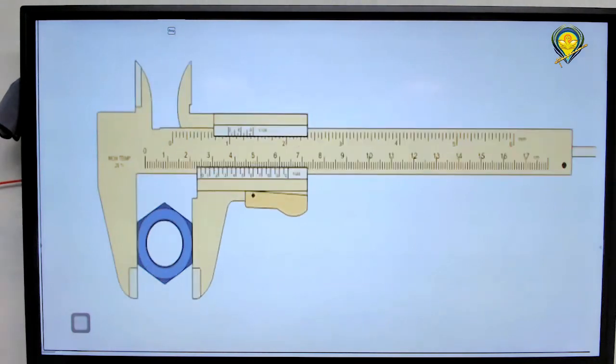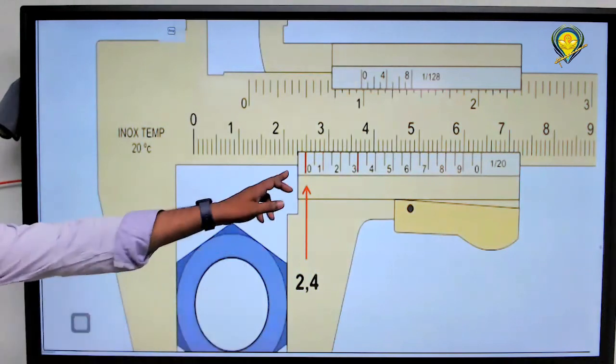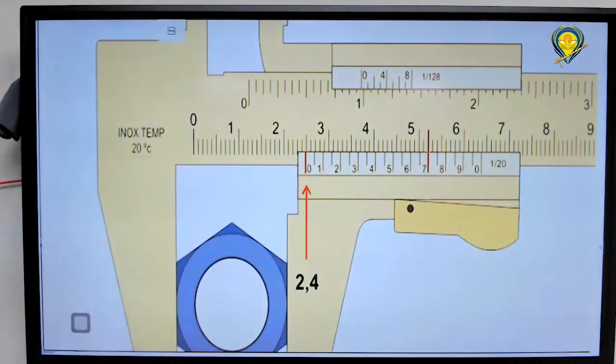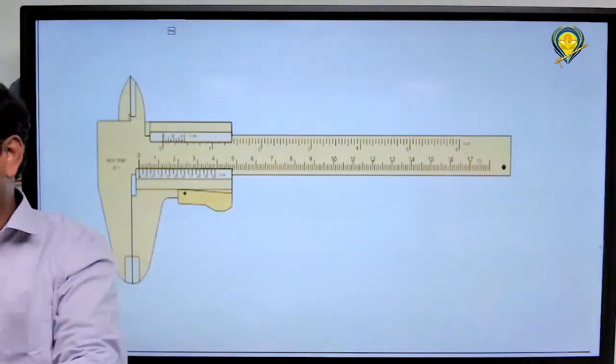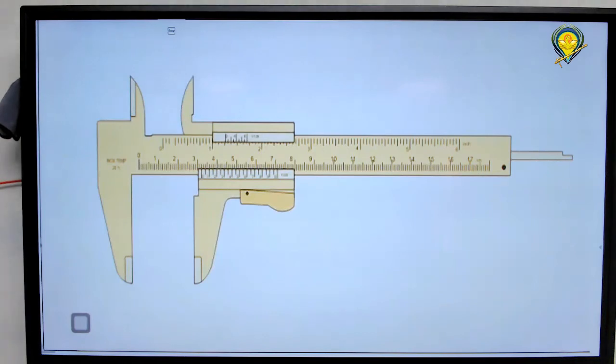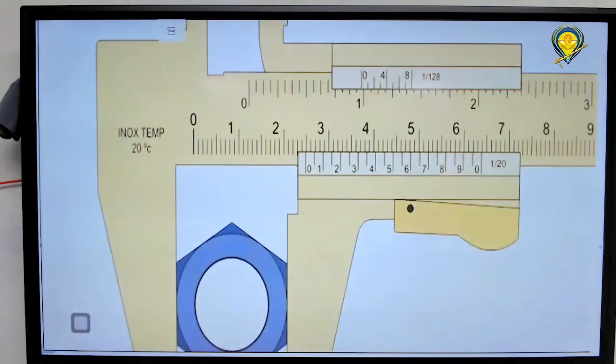Check the main scale reading once. So zero coincidence, 2.4. Next, vernier coincidence. Among these 10 lines, only one line exactly coincides with the main scale. Which line is that one? In that diagram, the 7th line coincides. So we need to measure those two only.